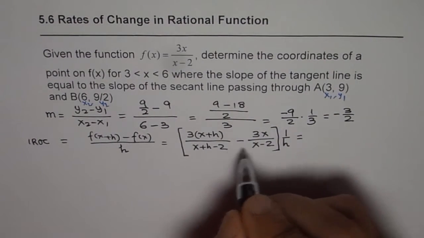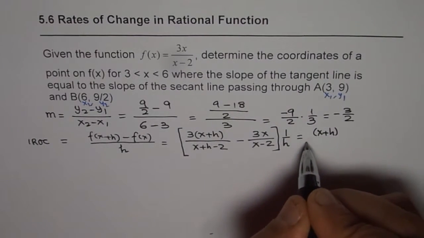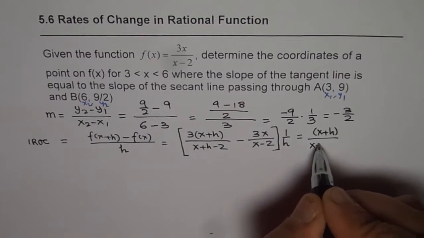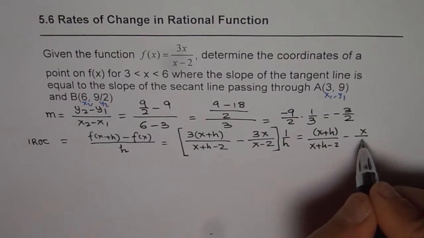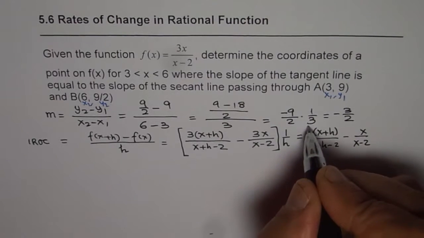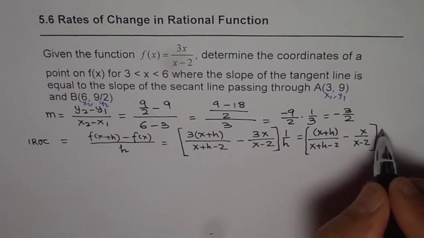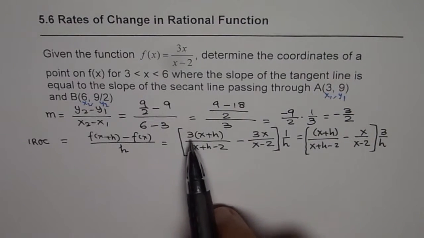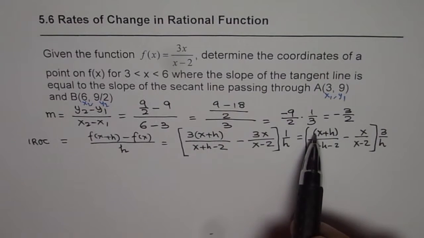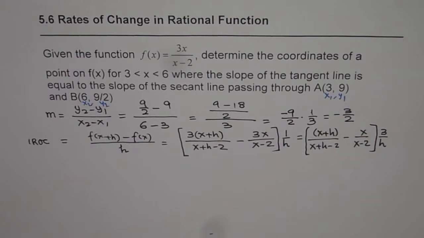So we'll go one step further and write this as x plus h over x plus h minus 2 minus x over x minus 2. Now these are important steps. Many times if you solve like this, you save on space and you make things simpler. I have taken 3 common, right? So I don't have to multiply everything by 3. Do you understand that part? It's just kind of neat, right?